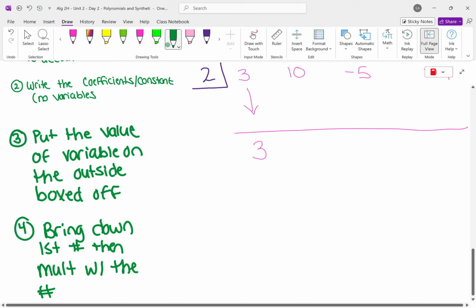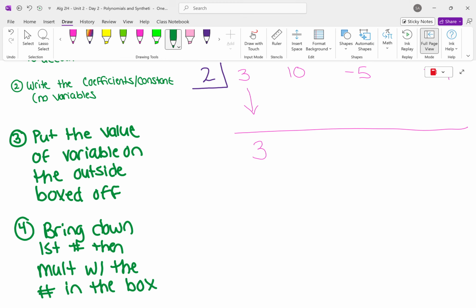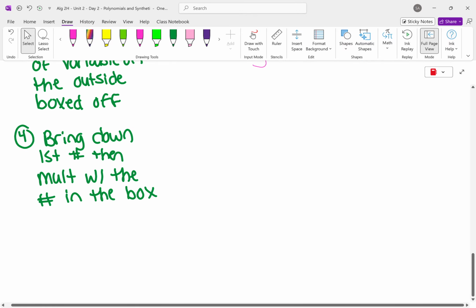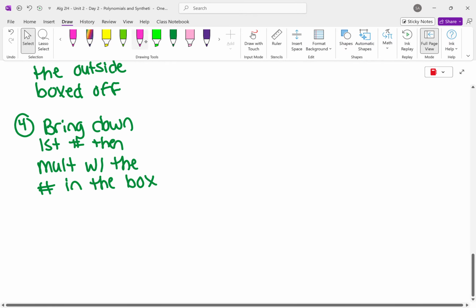Then multiply it with the number in the box. All right, so I brought down the 3. I'm going to multiply it with the number in the box. 3 times 2 is 6.